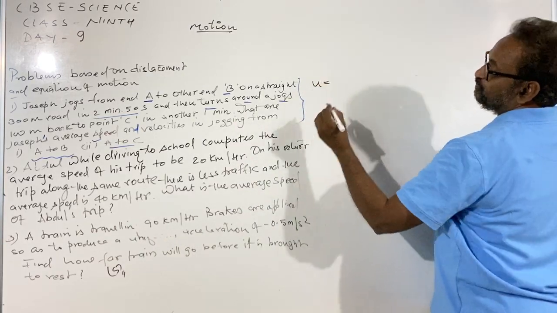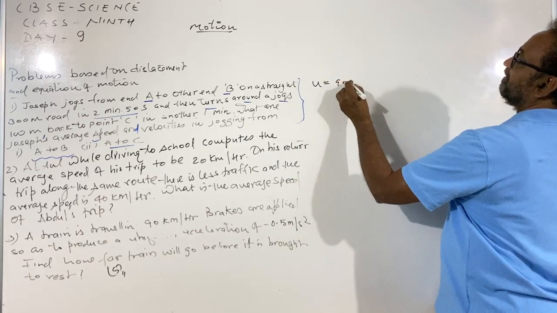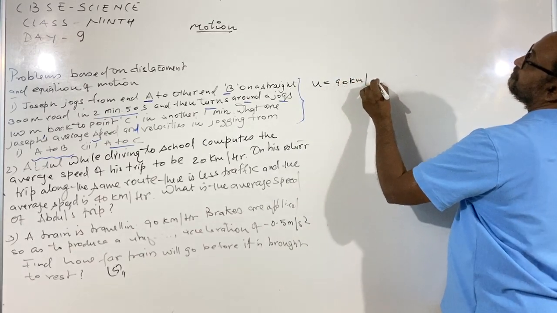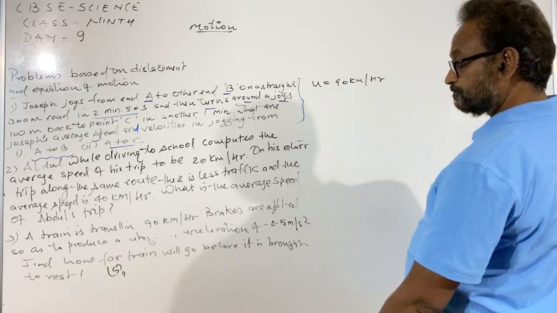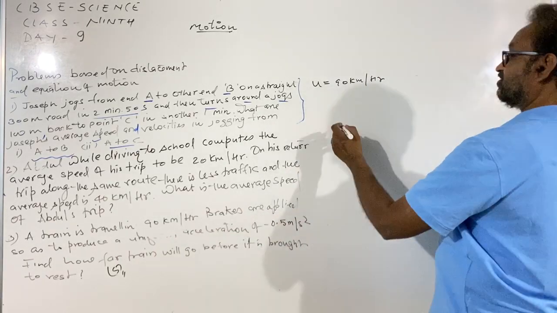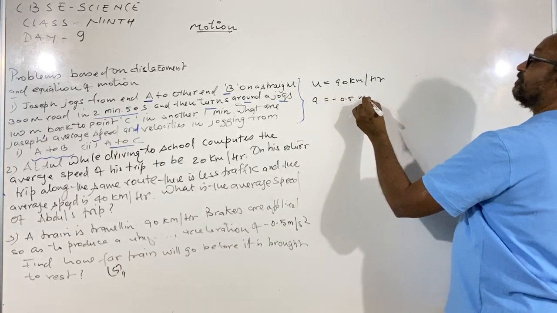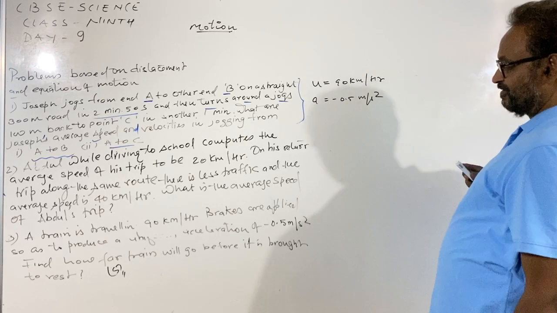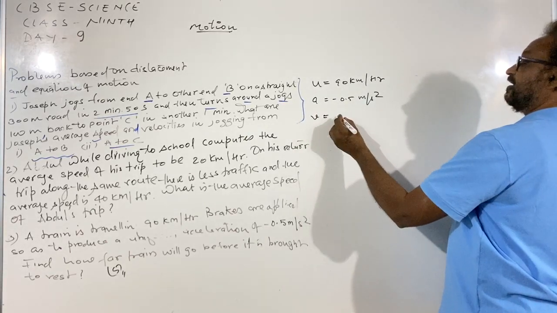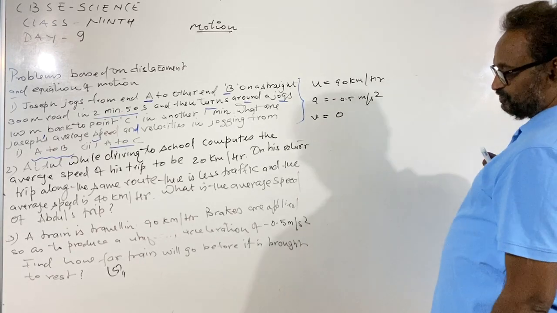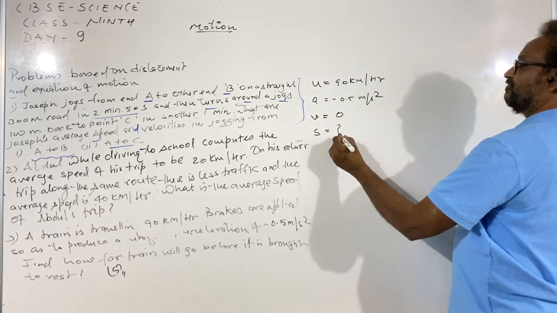Initial speed of the body 90 km per hour. Acceleration has been given minus 0.5 meter per second square. Final velocity of the body 0 because it stops. Distance S has to be calculated.